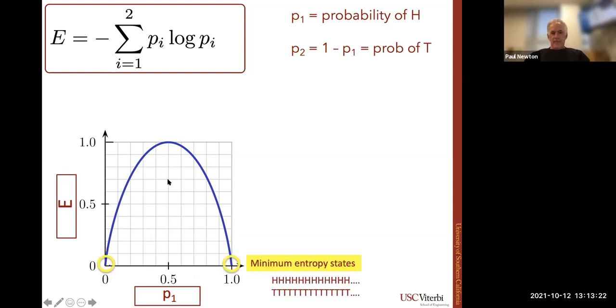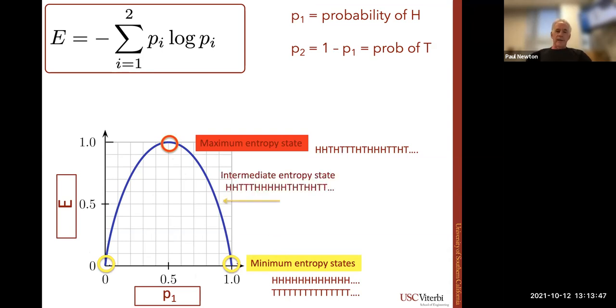The minimum entropy states, where the entropy is 0, would be down here, and that would be either a full string of H's or a full string of T's. The maximum entropy state would be the fair coin, with 0.5 probability heads and 0.5 tails, where you get roughly half H's and half T's in a long enough string.